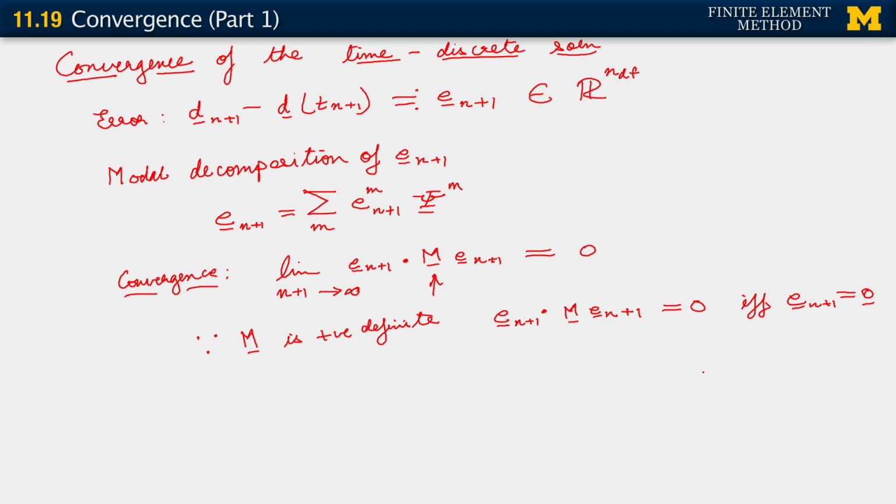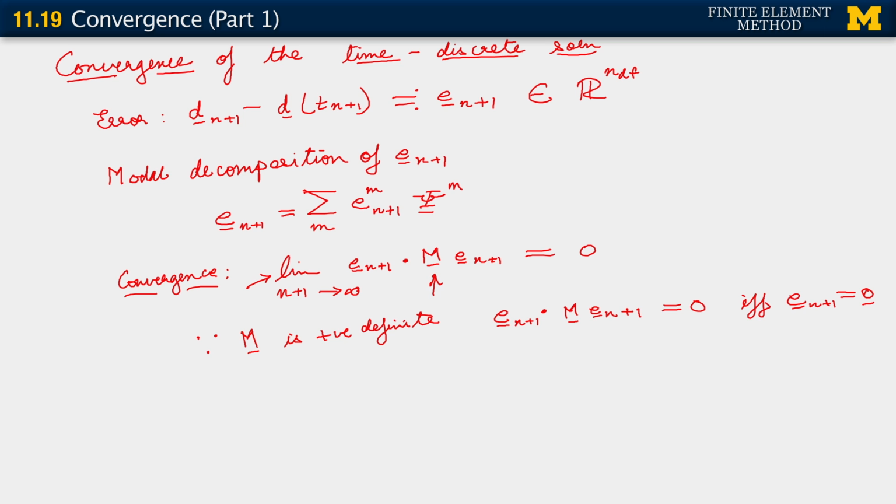It's only when that vector itself is equal to 0 that that quadratic product is equal to 0, since M is positive definite. And this is why, if this particular limit is tending to 0, it has to be that E n plus 1 itself is tending to 0. So this is why it's okay to consider this as our convergence criterion.